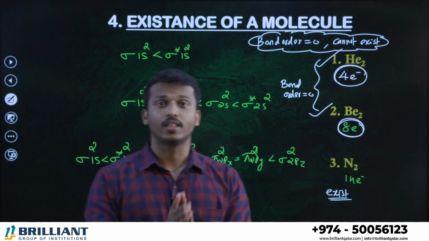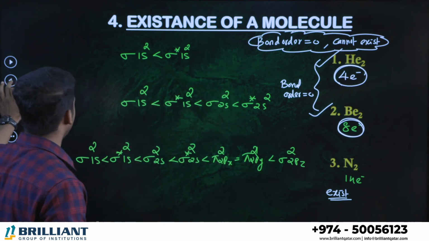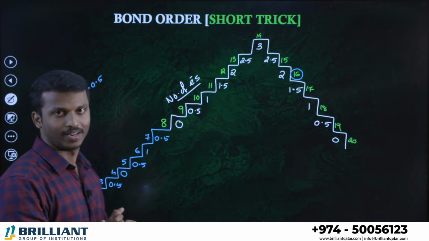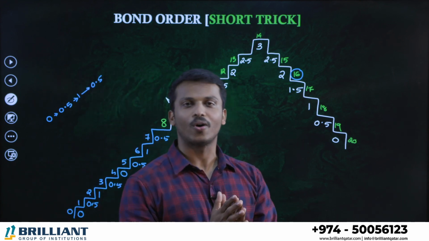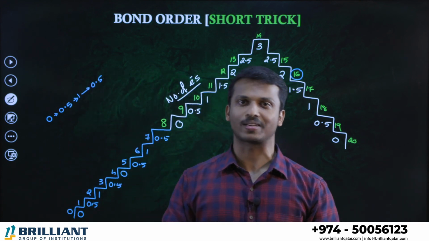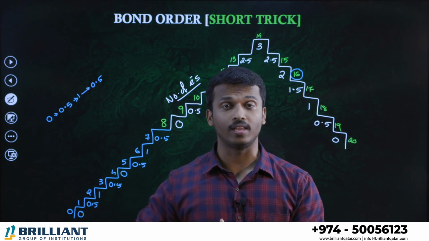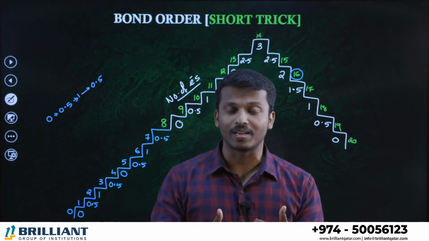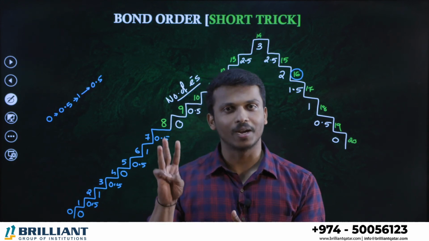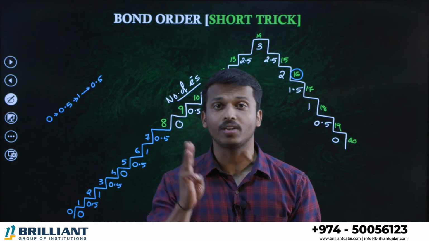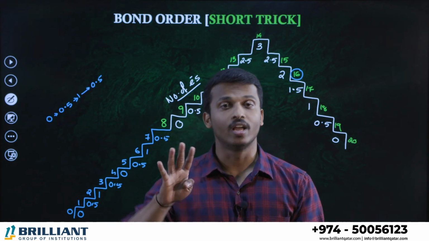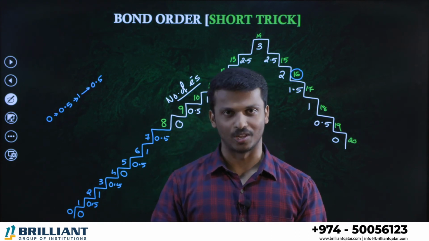You can calculate the bond order of any molecule up to a 20 electron system, you can determine whether a molecule is paramagnetic or diamagnetic, you can calculate the stability of a molecule, and you can say about the existence of a molecule.